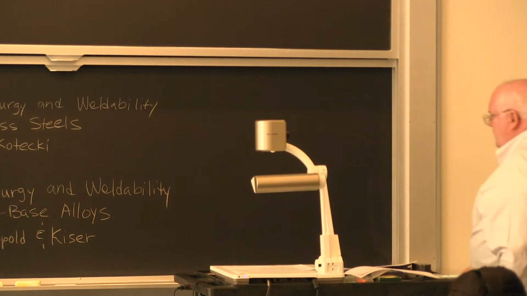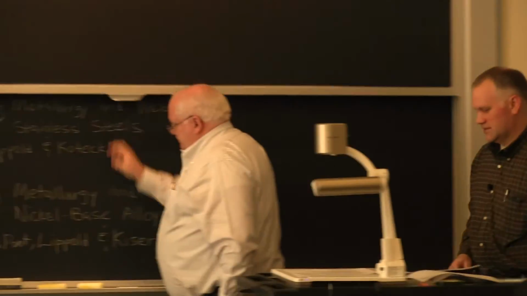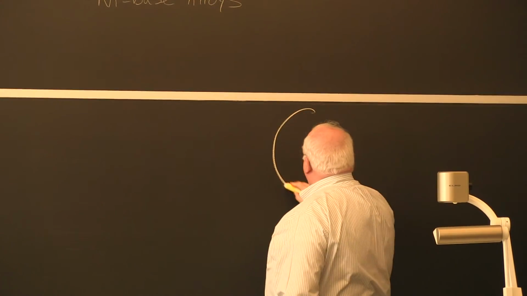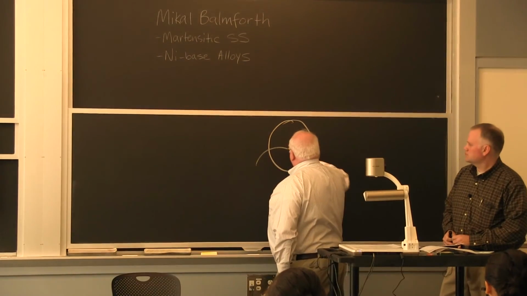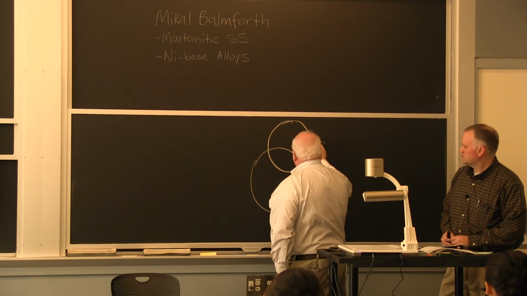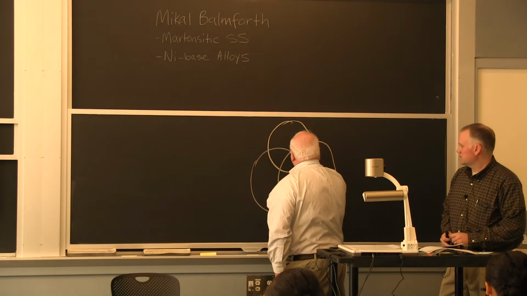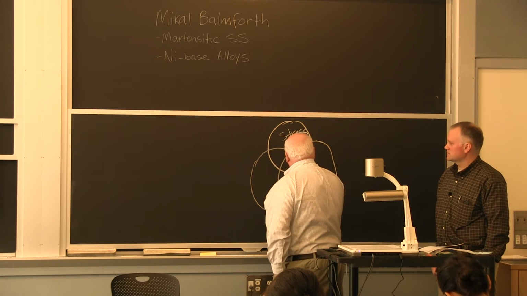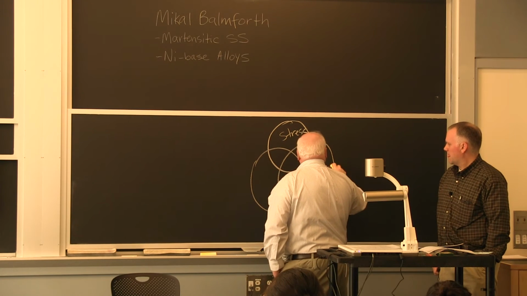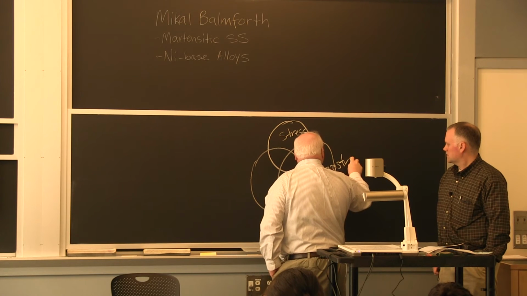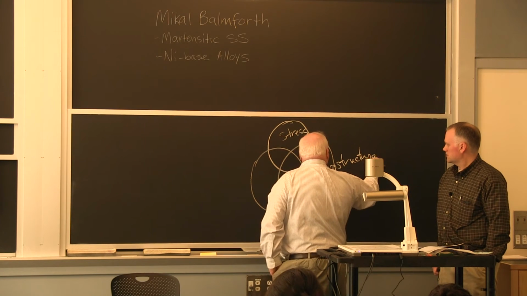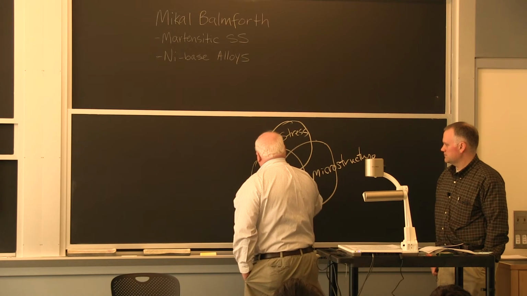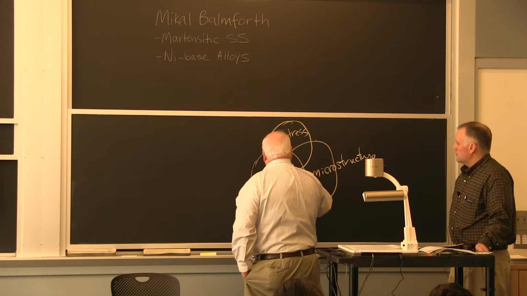Yesterday I drew a Venn diagram for hydrogen. That was stress corrosion cracking, yes. But you have to have a stress, a microstructure, and a corrodant, or an environment, as Mike says.